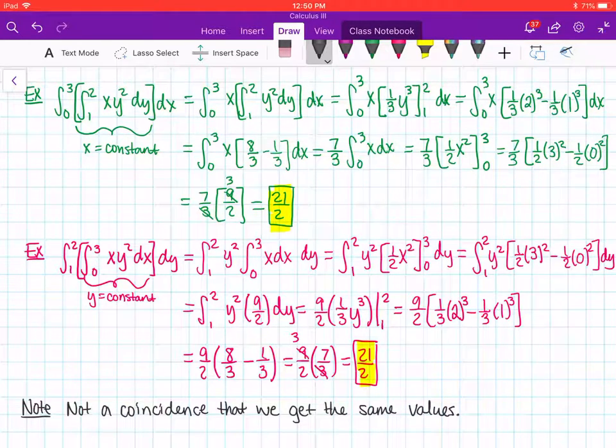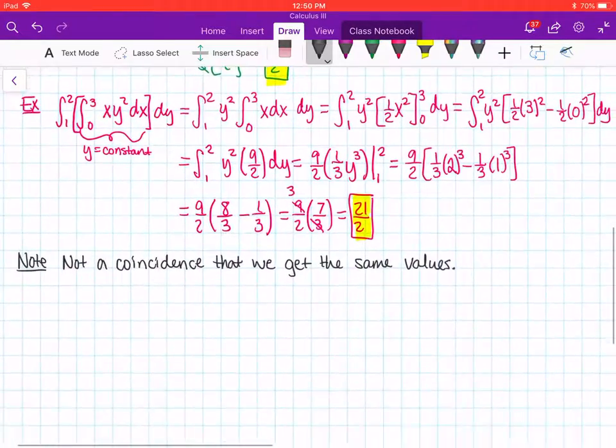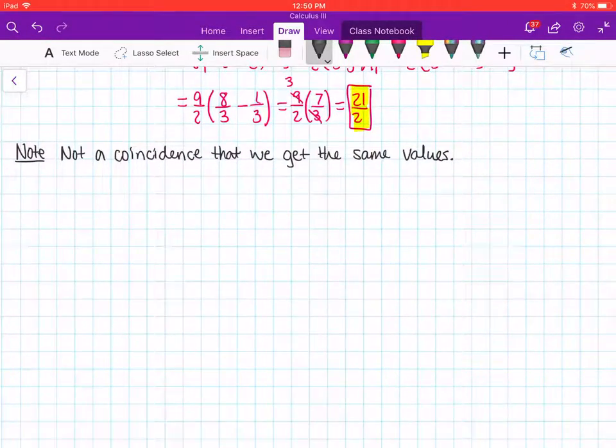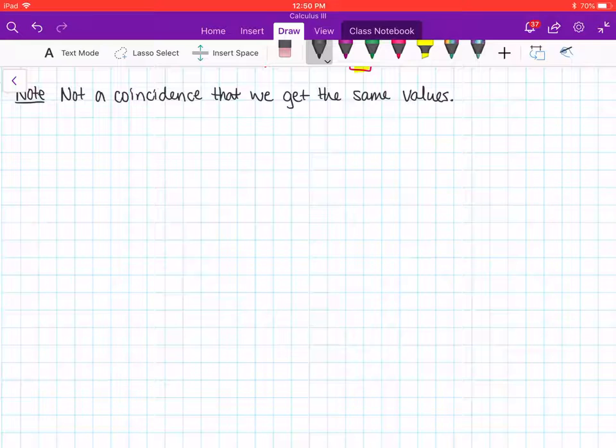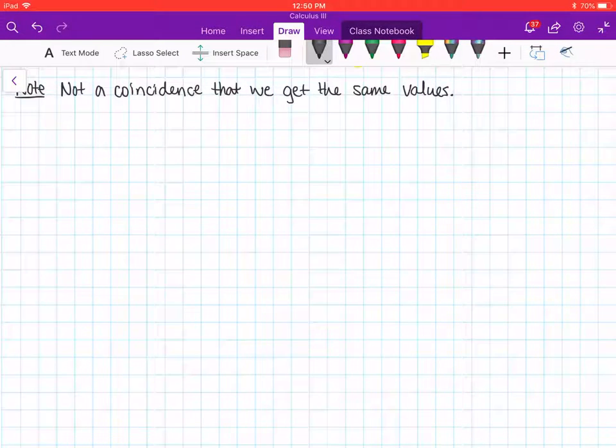And actually, this is due to a famous theorem. And why don't we take this chance to write it out? So it is called Fubini's theorem.